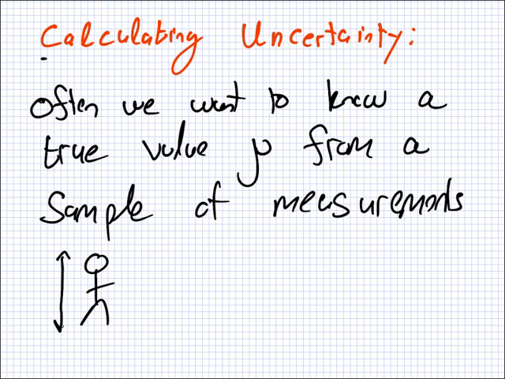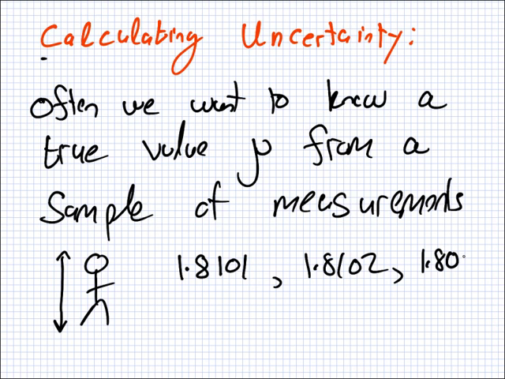So to try to be accurate, maybe you measure their height 3 times. So maybe it's 1.8101, and then it's 1.8102, and then it's 1.8095 or whatever. Okay. So, is any of these the true answer? No. I mean, maybe, maybe not. We don't know. We want to try and know what the true answer is.